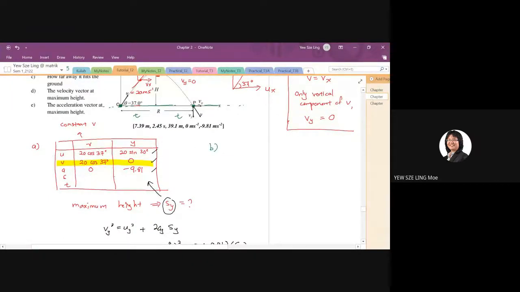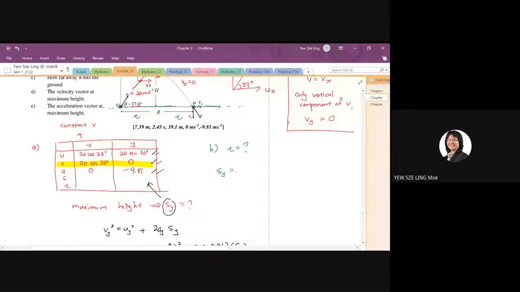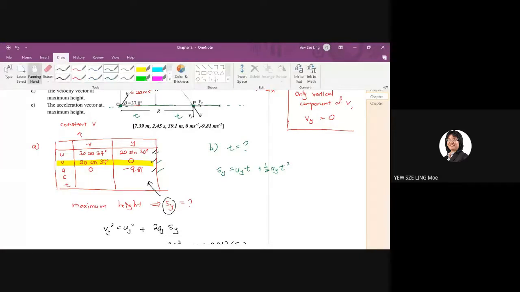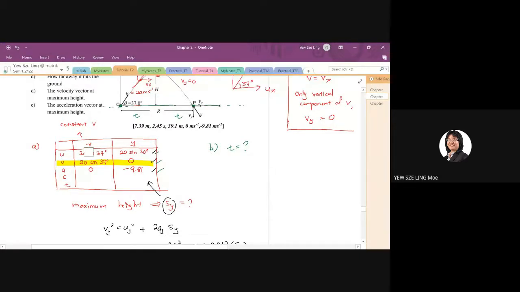So if you use the information from question A, we use the y component again because we only have enough information for the y component. So you have u, v, a. You want to calculate t. So Sy equals Uy t plus 1 over 2 Ay t squared. Right? And then Sy, I don't have s, right? Sorry, I chose the wrong equation. So I have u, v, a.